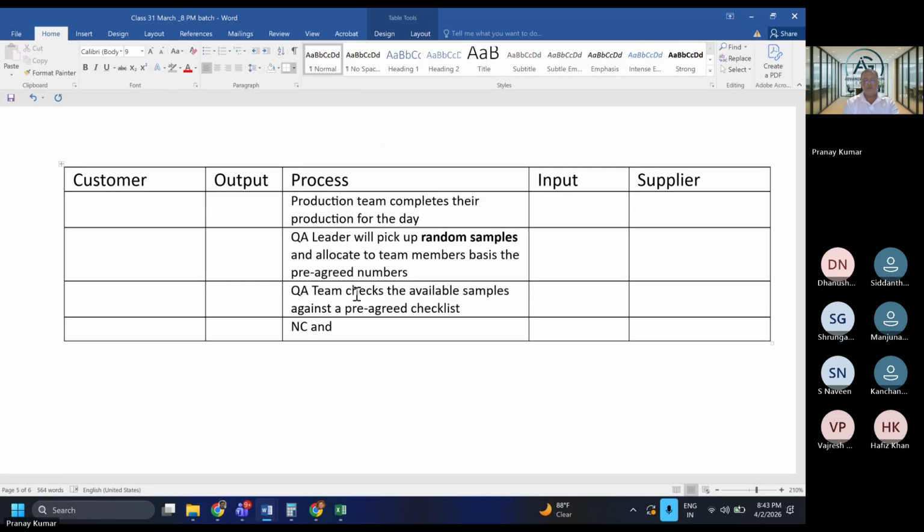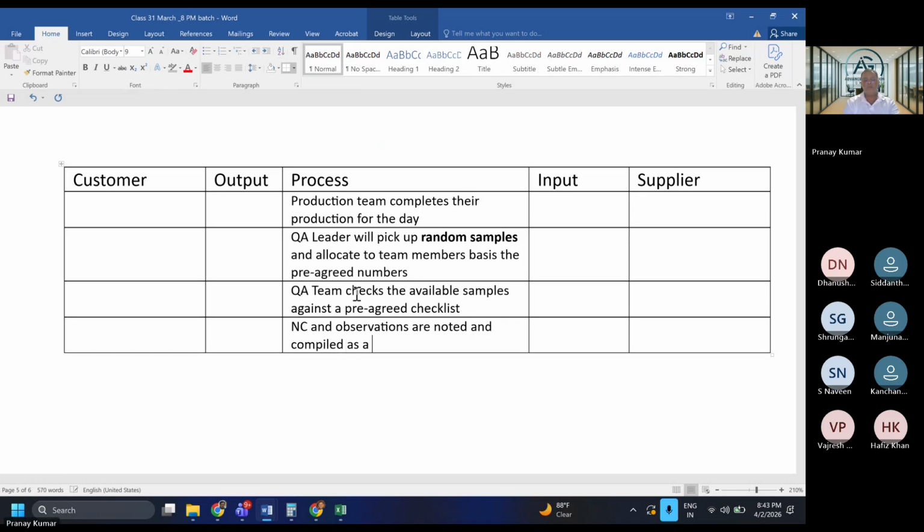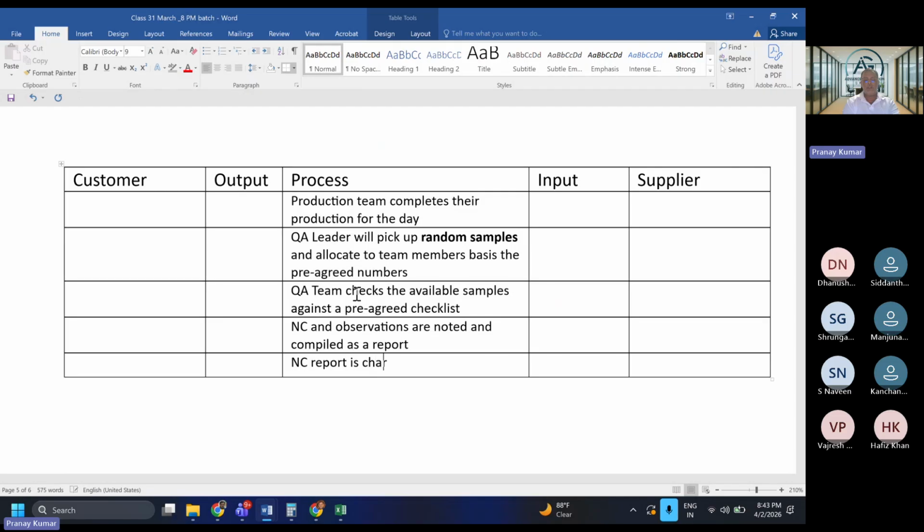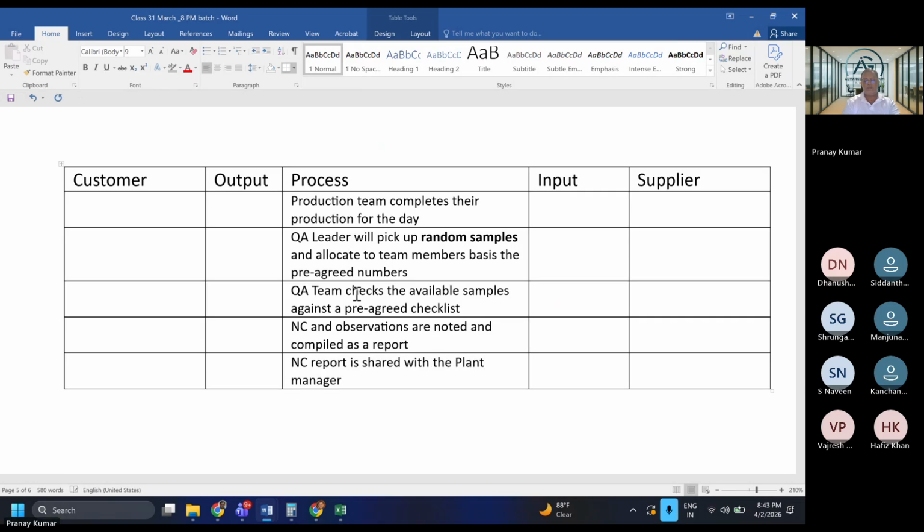Non-conformities and observations are noted and compiled as a report. Whatever you guys publish, non-conformity report or quality report, whatever you publish, NC report is shared with the plant manager and whoever you currently do it.